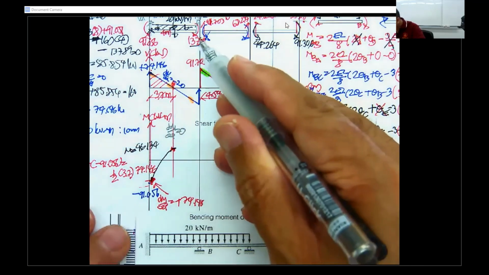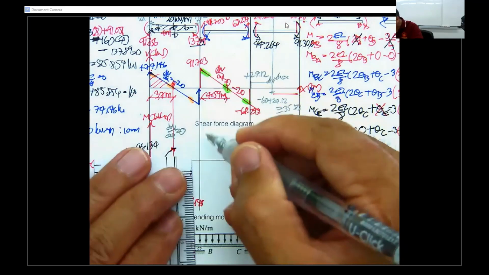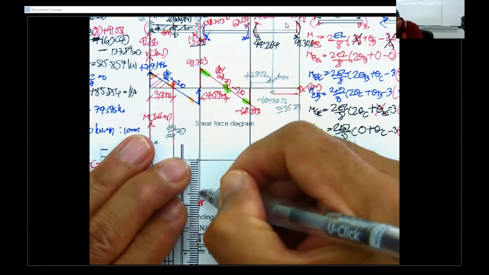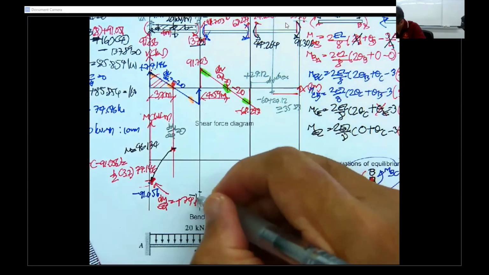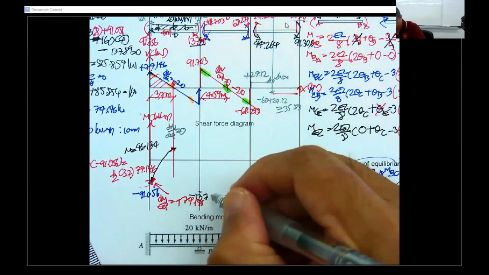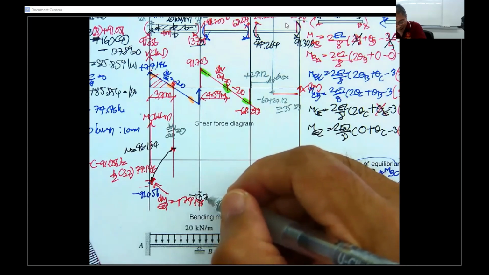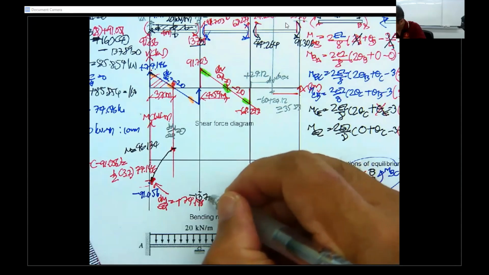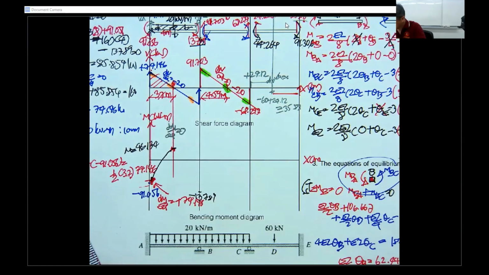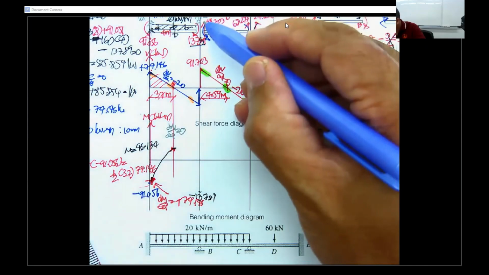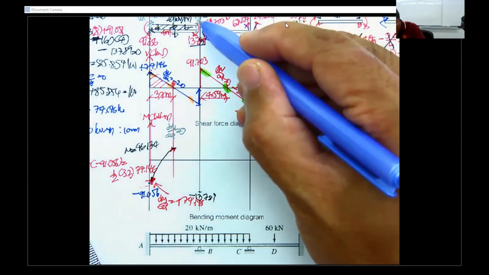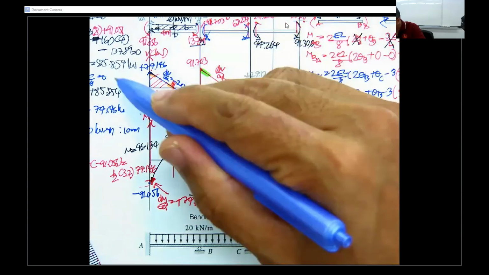Okay, and then this is 37. Sure, this is going to be the negative moment for this, just like this one, minus 137.89. And then you have this one for the shear over here, of 85.